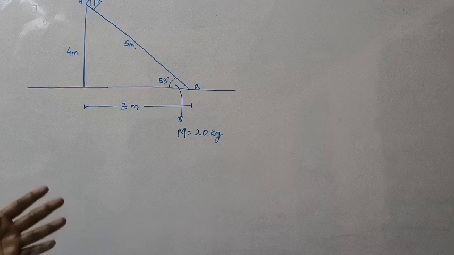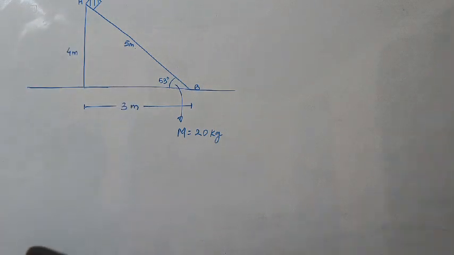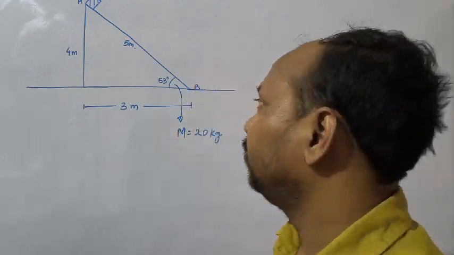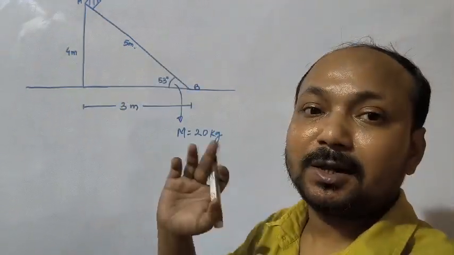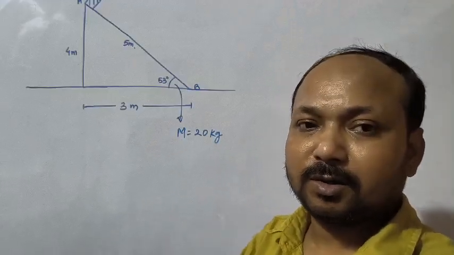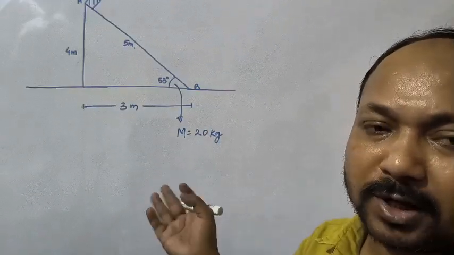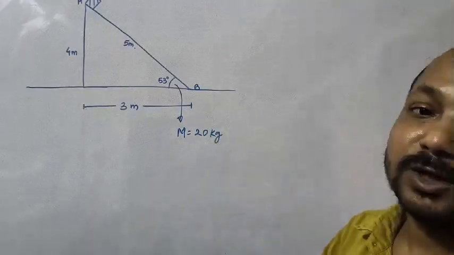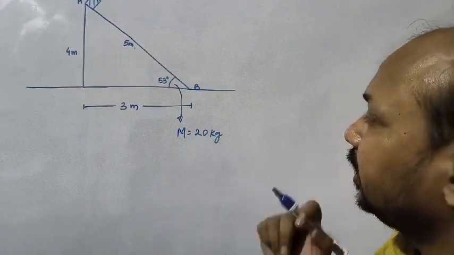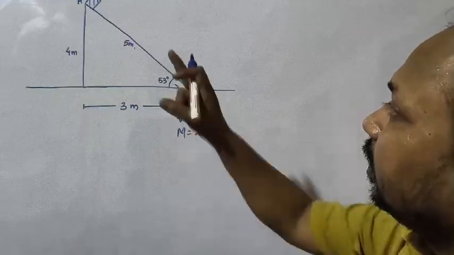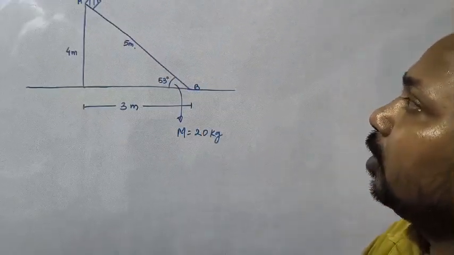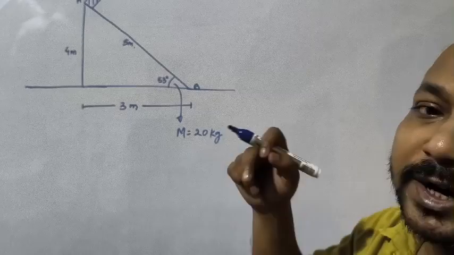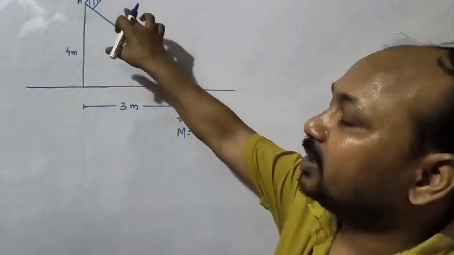Now in this question, we will apply the concept of in which direction F net is 0. That concept will be applied in this direction. Till now F net was 0 in all directions, in both examples, the boat example and the plank and man example. Here F net is not 0 in every direction. How? Let's see. Force on the block in y direction, continuously mg is acting.